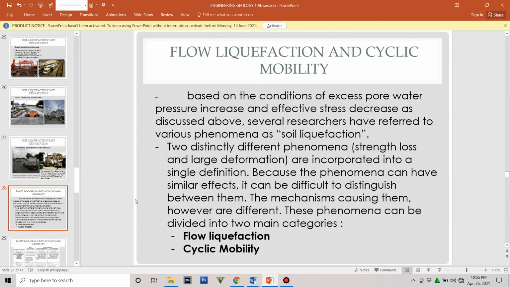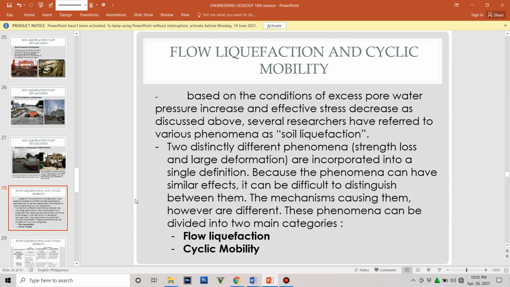But two distinctly different phenomena are incorporated into a single definition because the phenomena can have similar effect. Mahirap i-distinguish yung dalawang phenomena na cyclic mobility and flow liquefaction.